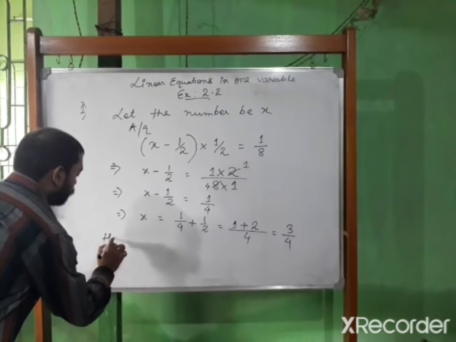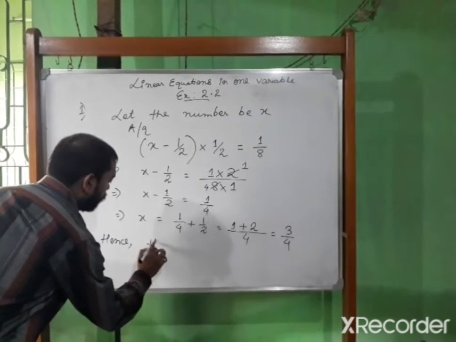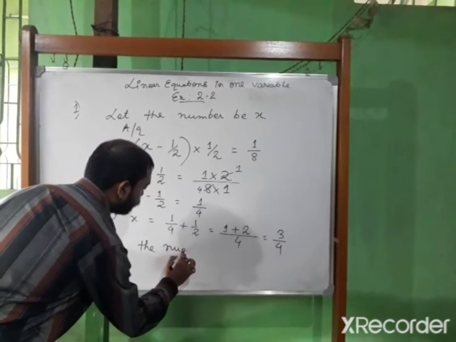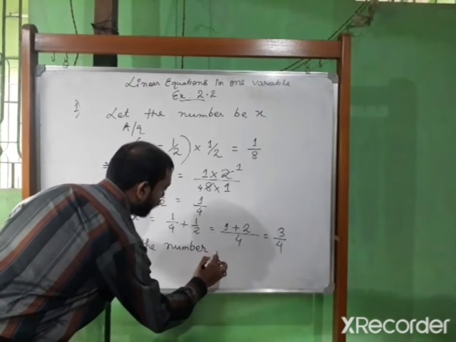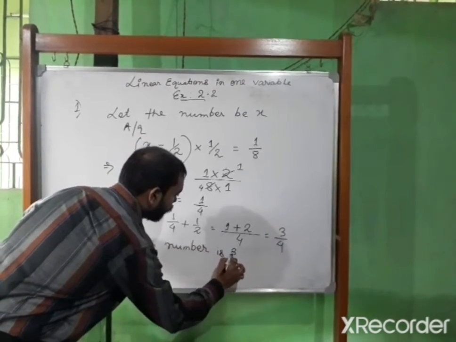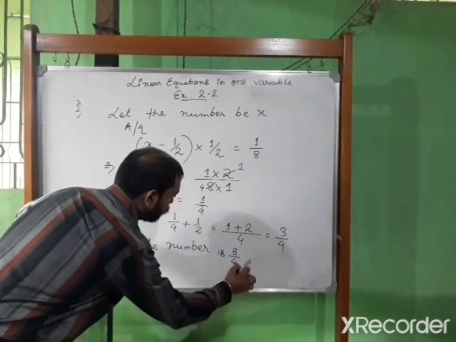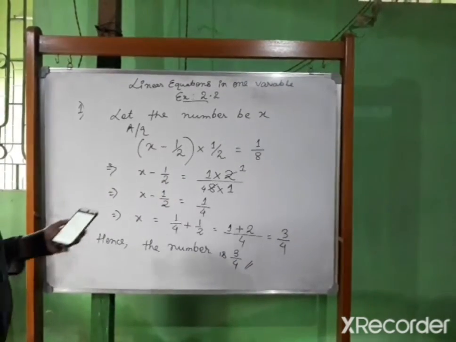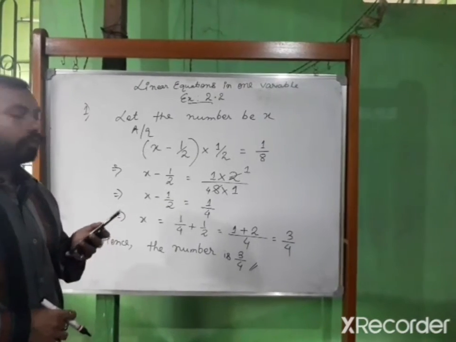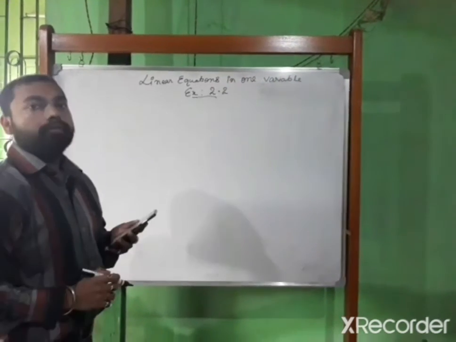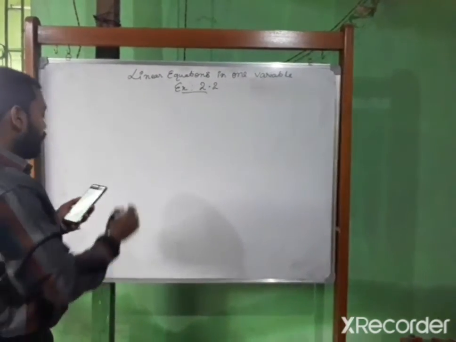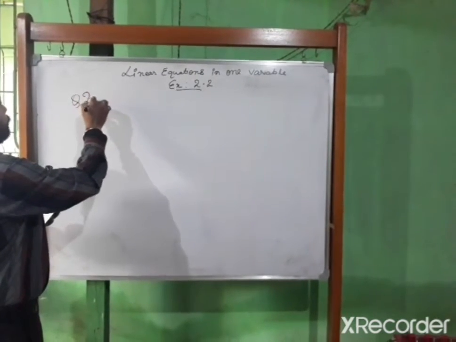Hence the number is 3 by 4. So I hope this is clear to you. Now let us move to the next question, that is question number 2.